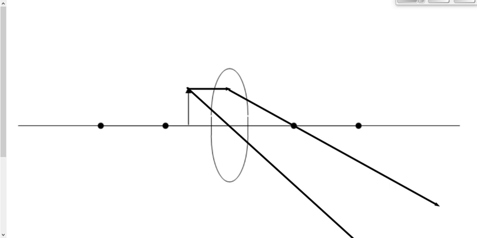So what do we have to do? This is where we extend the rays with dotted lines. We find that the dotted lines intersect over here. Now, what are the characteristics of this image? Larger, smaller, same size? This image is larger.